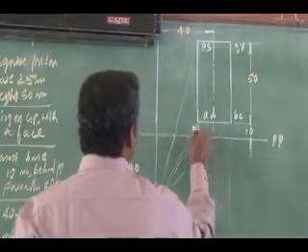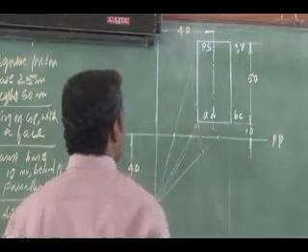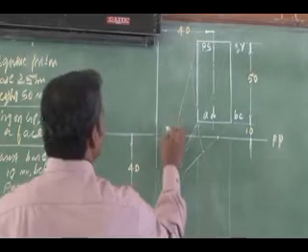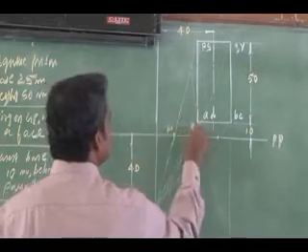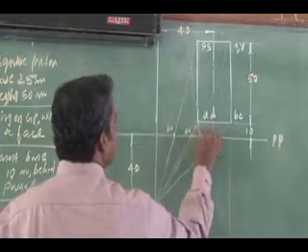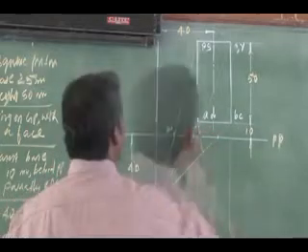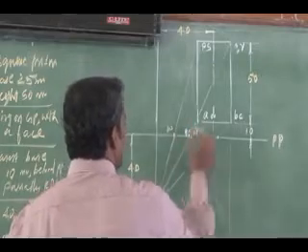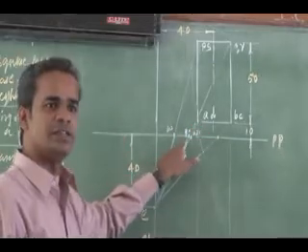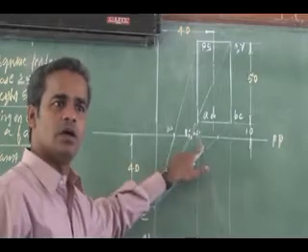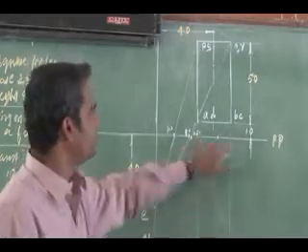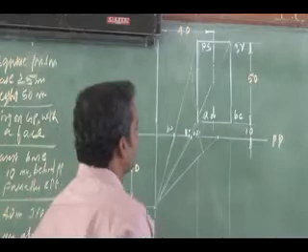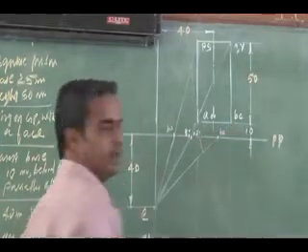Draw my intercept. Sorry, getting QR is next to BS, then AD. QR, AD, then BC. Right, these intersections.